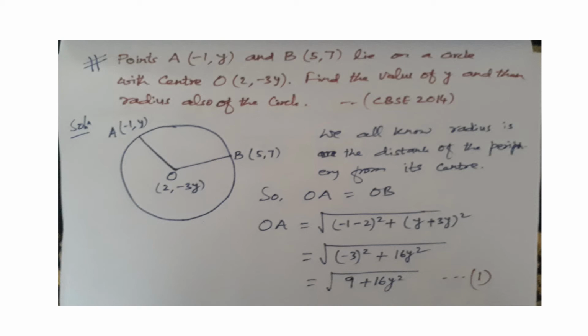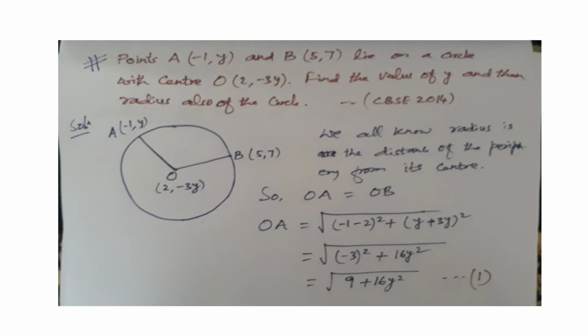The same formula you apply here: root over x1 minus x2 whole square plus y1 minus y2 whole square. So this is minus 1 minus 2 whole square plus y minus of minus 3y, that is y plus 3y, whole square, equal to root over 3 square plus 16y square, equal to root over 9 plus 16y square. So this is one equation.